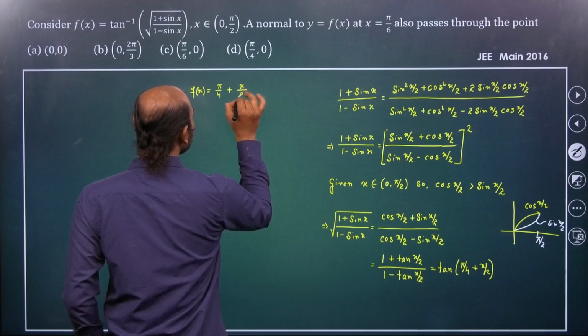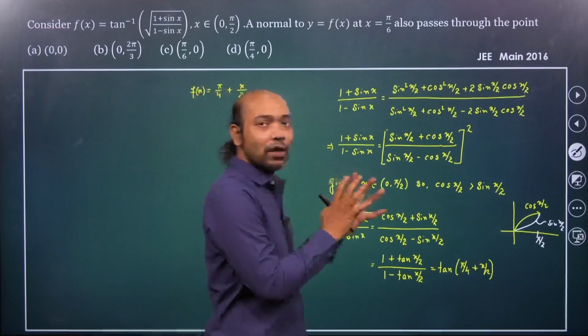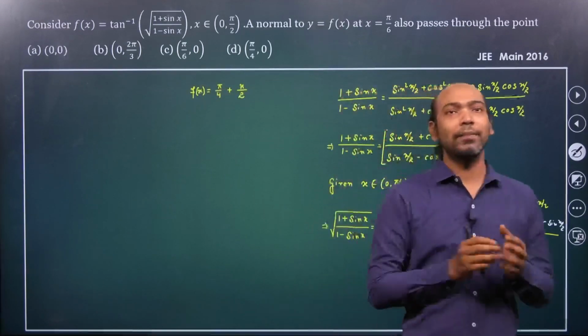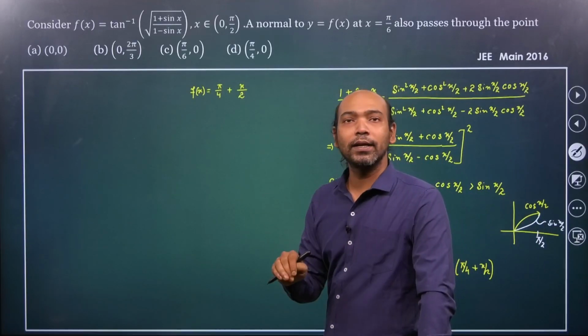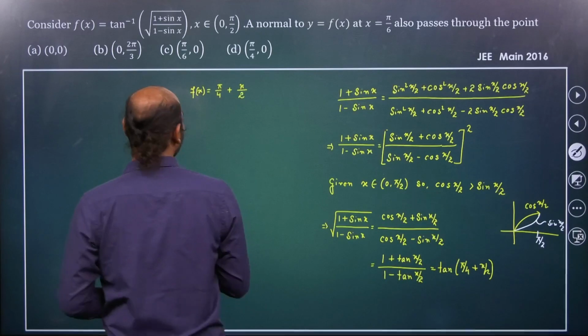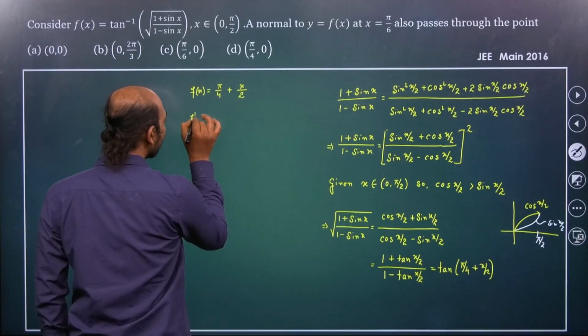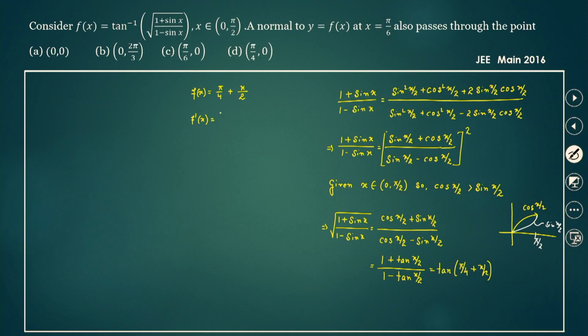That's it. Whatever the big function given in that particular problem, it is actually very simplified in this form. Now we need to find the equation of a normal to this curve. So we'll go ahead and find the slope. f dash x is equal to half. So the slope of tangent is half.